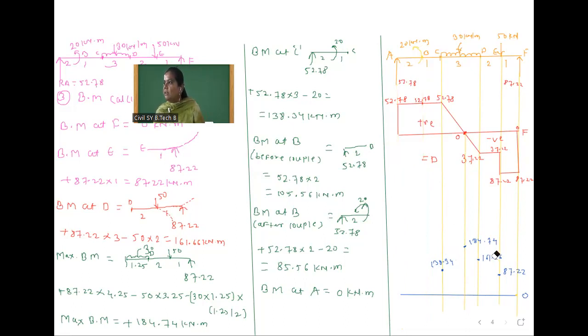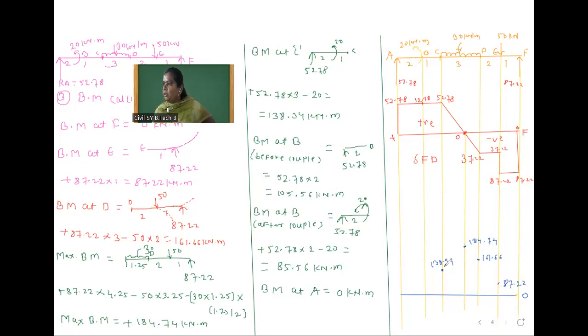We will mark this 87 point below, 87.22.